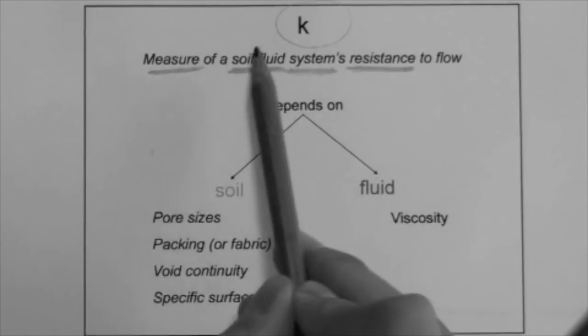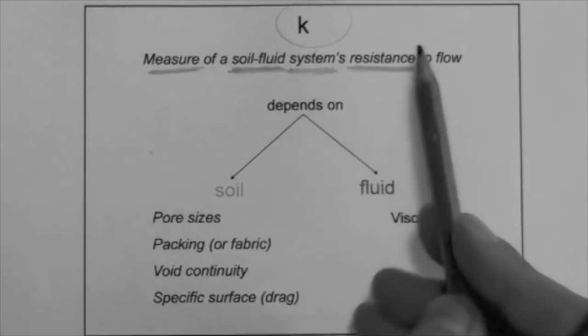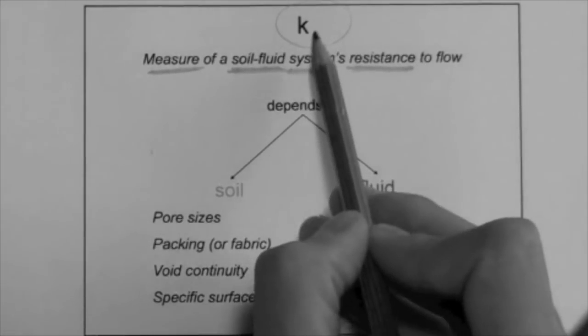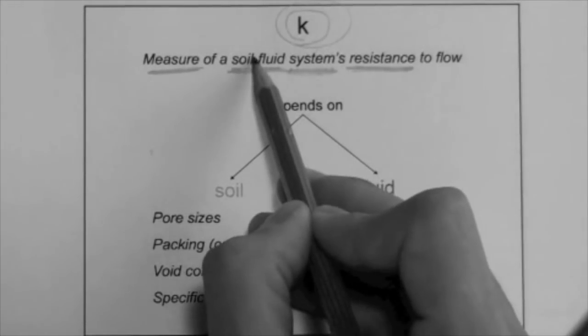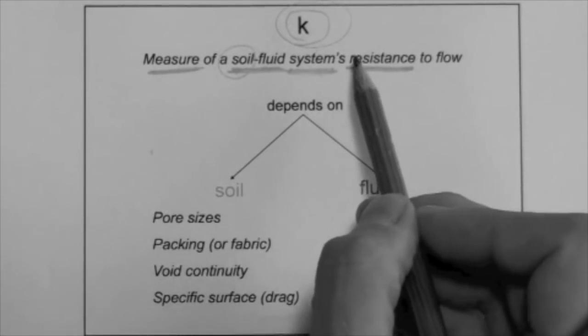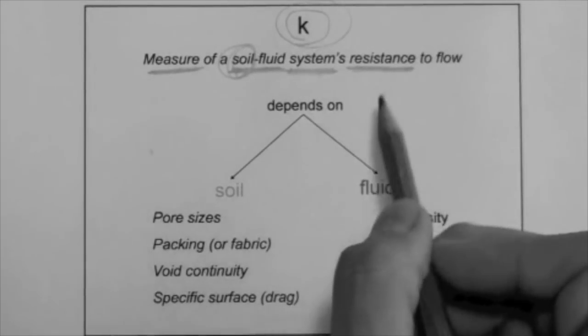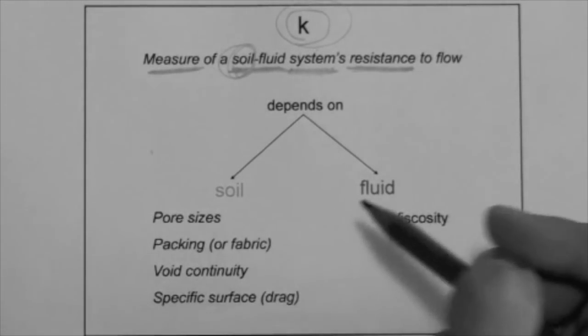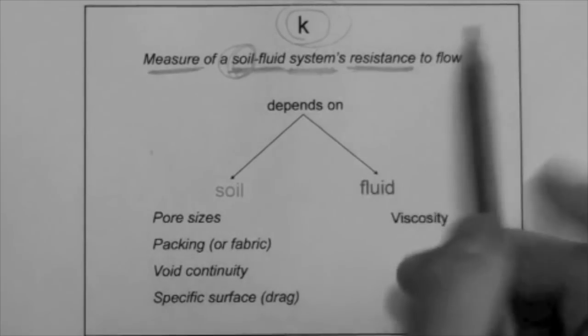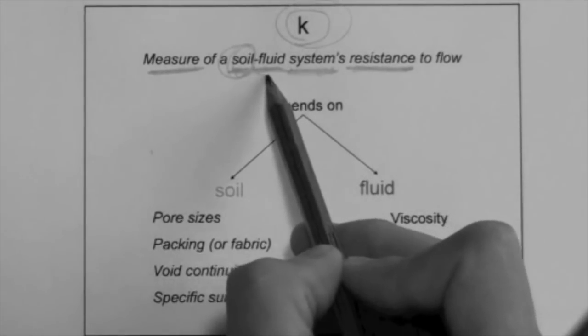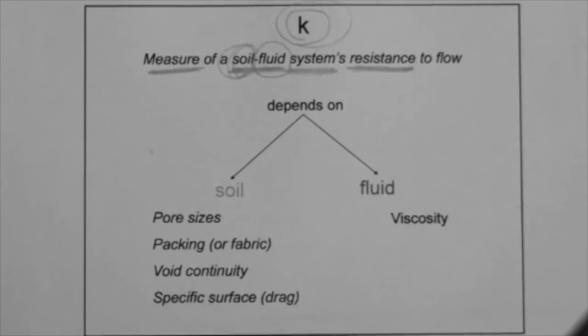Now, why do we say soil fluid? Why not just soil? Well, because like we said earlier, K depends on the soil type or the soil properties, dense sand, loose sand, clayey sand versus just sand, etc. Right? But it also depends on the fluid that flows through the soil.